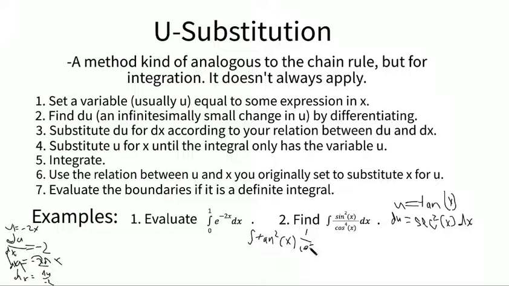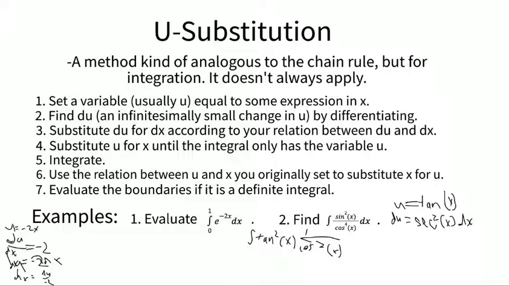cosine squared of x. These are multiplied. So because 2 of the cosines are taken, 1 over cosine squared is left, and the 4 would turn into a 2 there, and then you're left with sine squared over cosine squared, which is tangent squared.